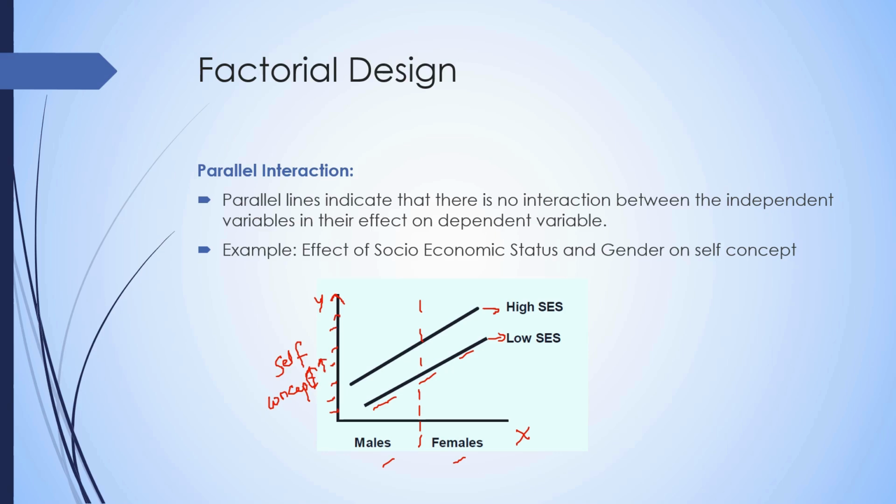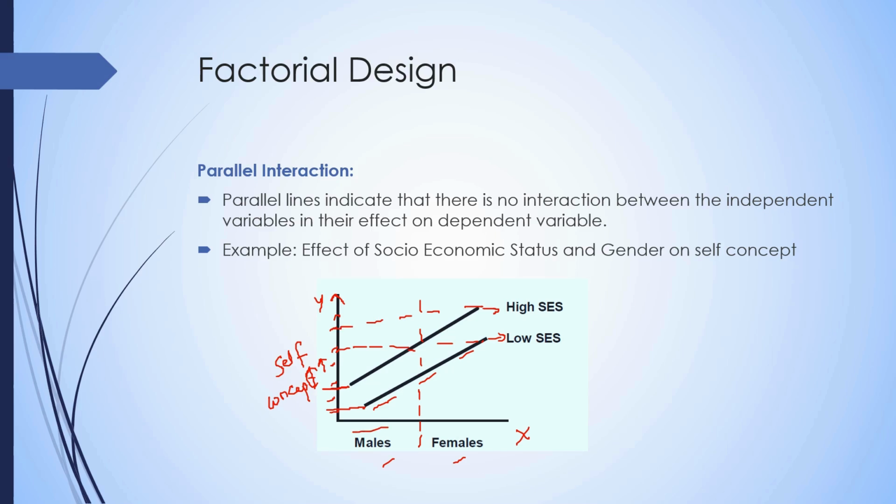So males with low socio-economic status have a lower self-concept compared to males with a higher socio-economic status. Similarly, females with a low socio-economic status have a lower self-concept compared to females with a higher socio-economic status. I hope you know how to read the graph.